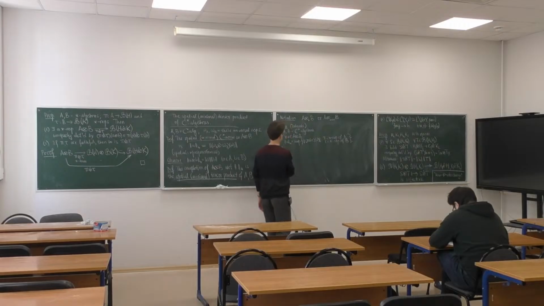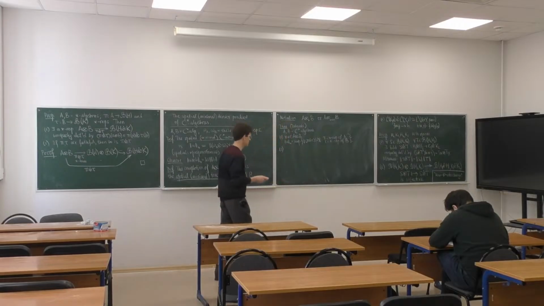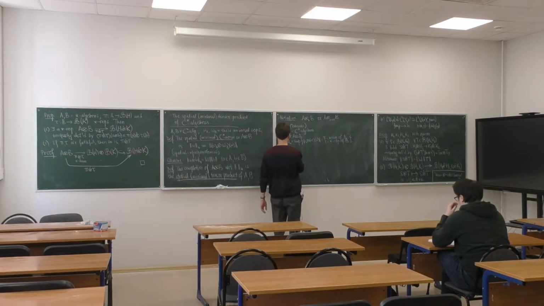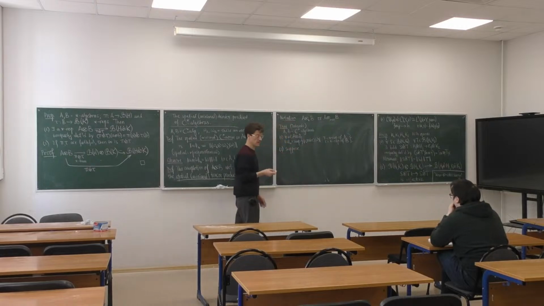Another useful formula for the same norm is as follows. So suppose we have two star representations, pi and rho, of A and B respectively, which are faithful.